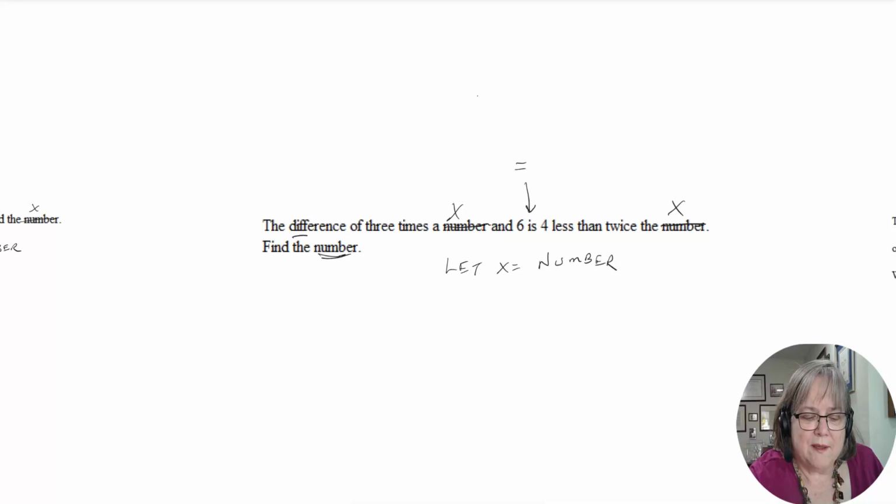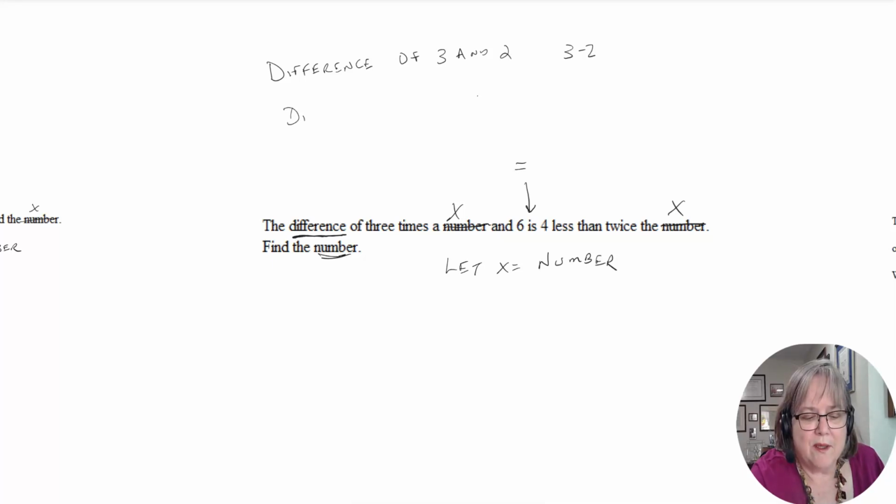So when it uses the word difference, then the way it mentions them after the word difference is the order that you write them down, right? So if it says the difference of 3 and 2, then it would be 3 minus 2.